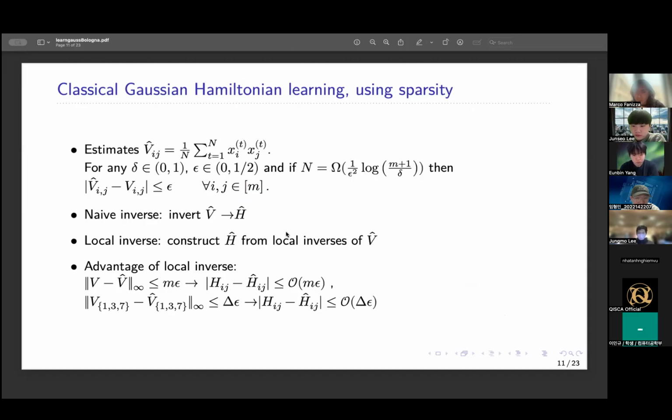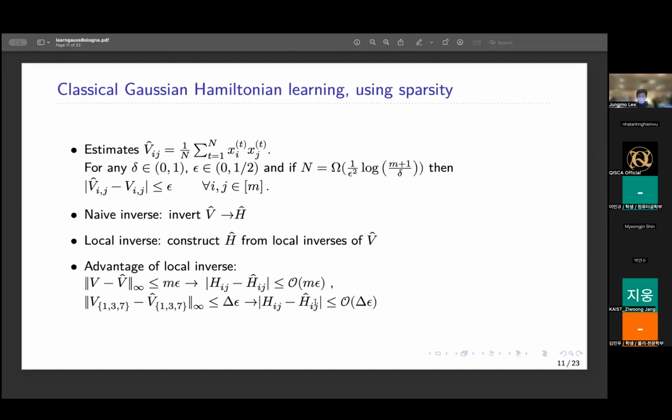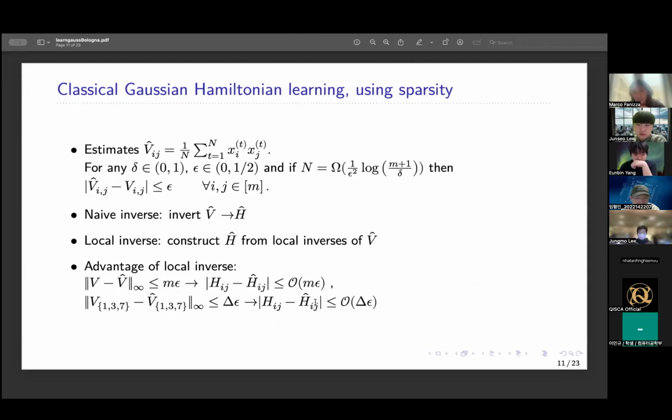Let me also tell you something about why local inversions are more effective than global ones. So first of all, the covariance matrix has 2m times 2m elements, and so to learn them at precision epsilon, just by using union bound, you can do it with 1 over epsilon squared log m copies.